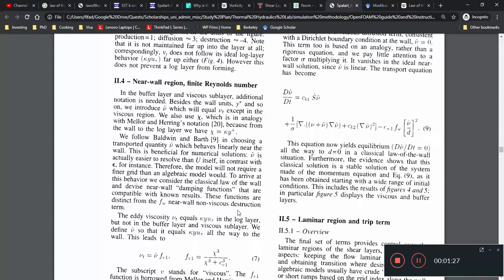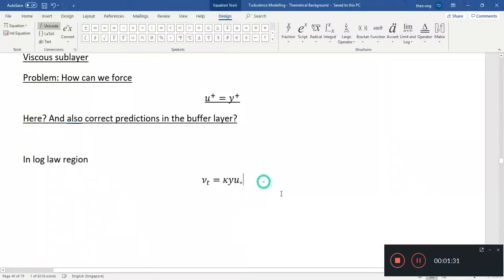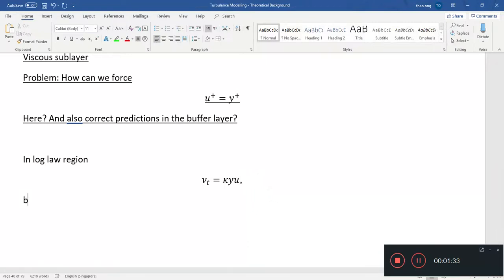But in the viscous sublayer, this doesn't hold true. So how can we get it to work?